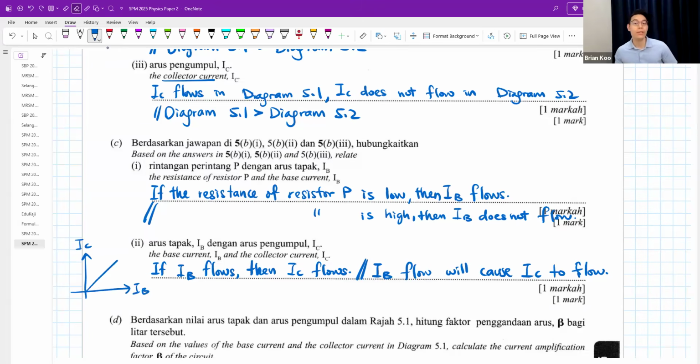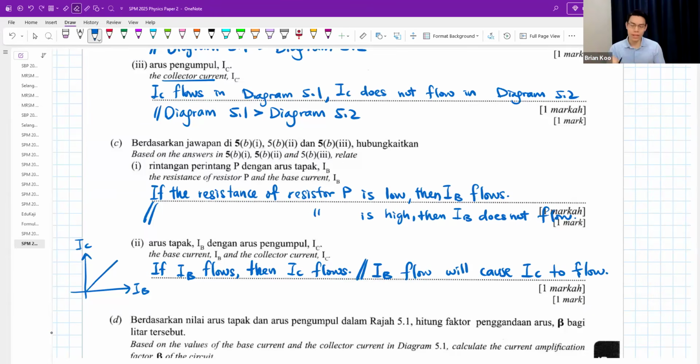It would be directly proportional. I don't know if you all have seen this graph before or not. Yeah, but if I draw a graph for IB and IC, it would be directly proportional. So a lot of different answers. Yeah, if one high, the other one high, also can. The higher, the higher. Also can. Increase, increase. Also can. But if you ask me, I feel this is the best relationship.